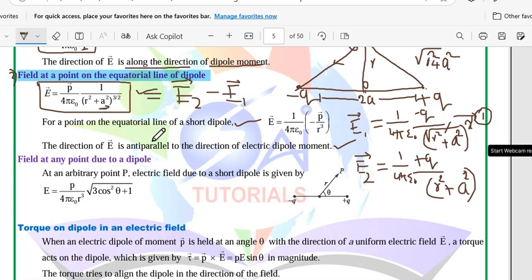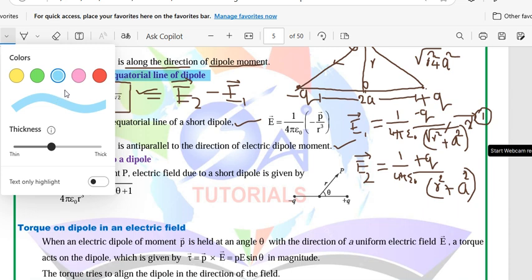The direction of the electric field is anti-parallel to the direction of the electric dipole moment, and for the short dipole, E bar is equal to 1 divided by 4 pi epsilon naught into minus P bar divided by r cube. This is all about the field at a point on the equatorial line of a dipole. So I hope this concept is clear.